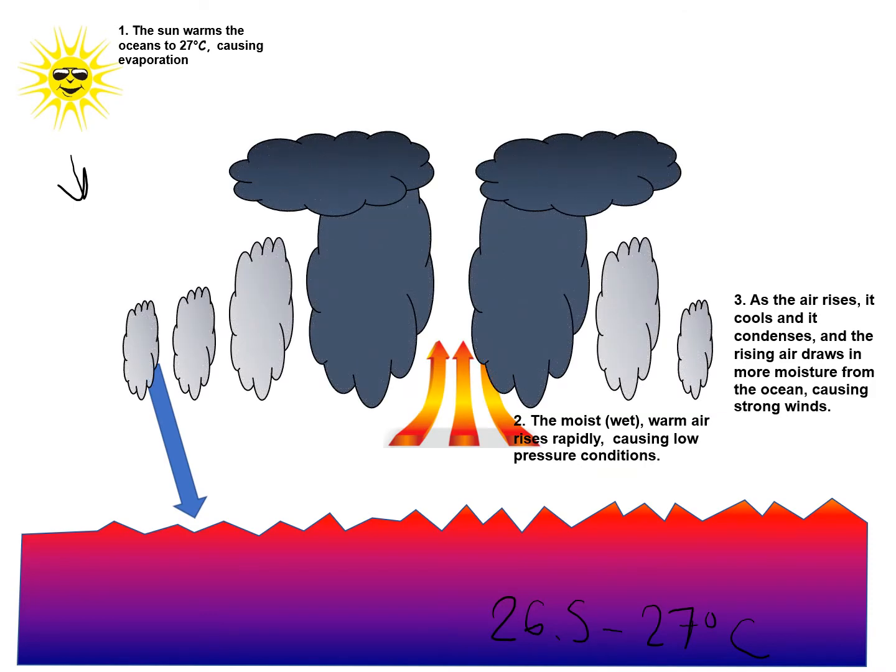Okay, so as the air rises and cools and condenses, and the reason it rises is because it's a low pressurized area, so that's really important to remember, the rising air is going to draw in more moisture from the ocean, causing strong winds. And this all ties into the Coriolis effect and the trade winds that we were looking at when we were doing the atmospheric circulation.